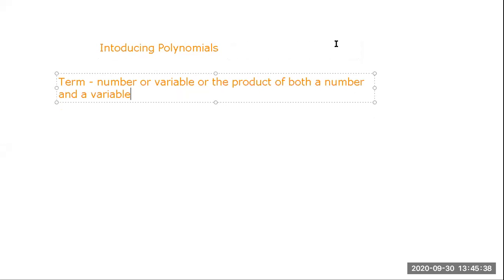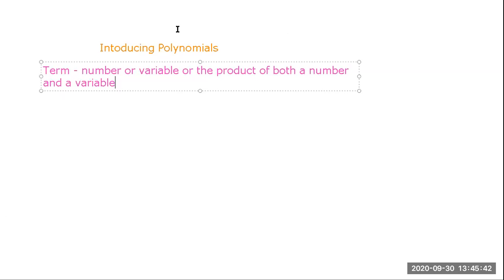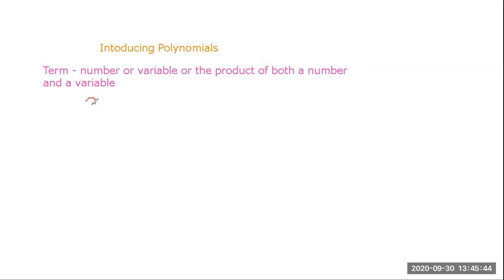For example, we could look at 3x. That together is a term. Or 3, or 8, or z, or y. All of that is a term, all right?